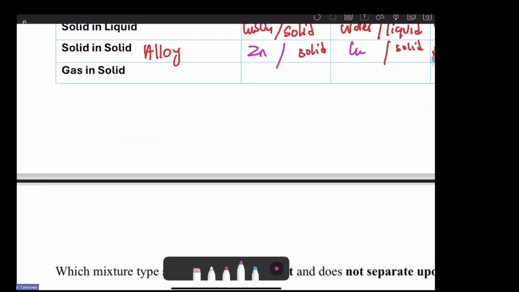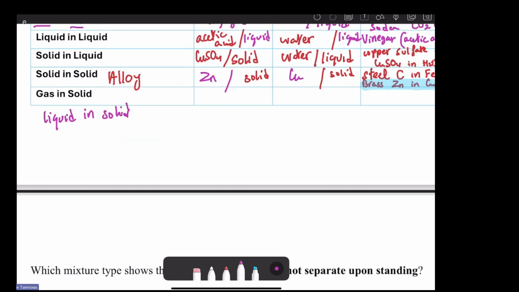Wait, I didn't mention liquid in solid. Liquid in solid is the amalgam. Yes, the dental amalgam.